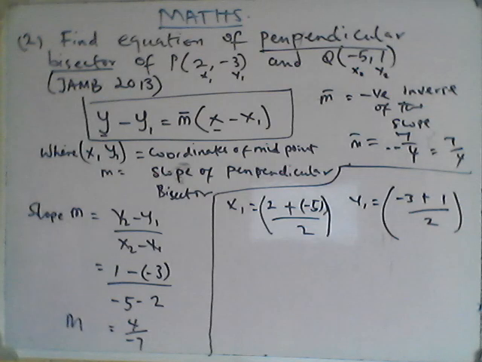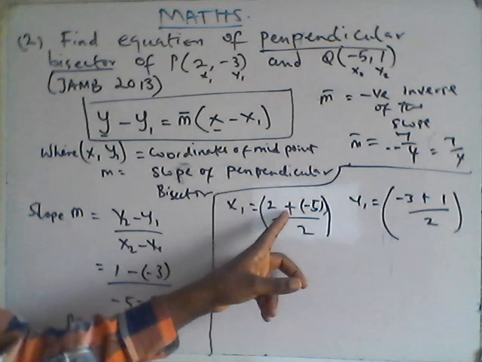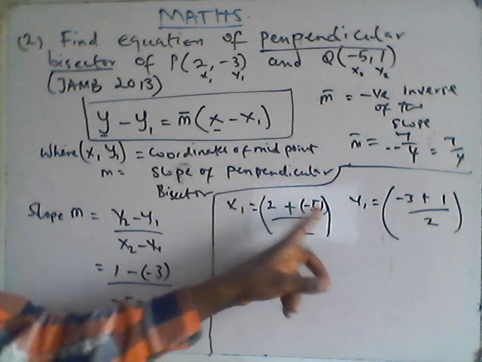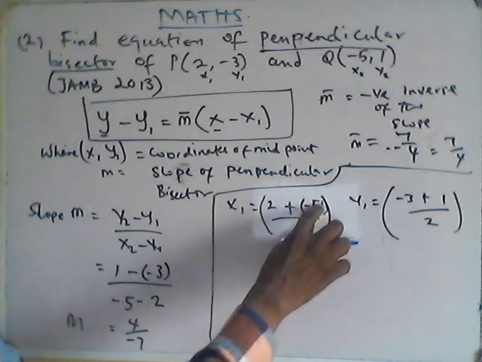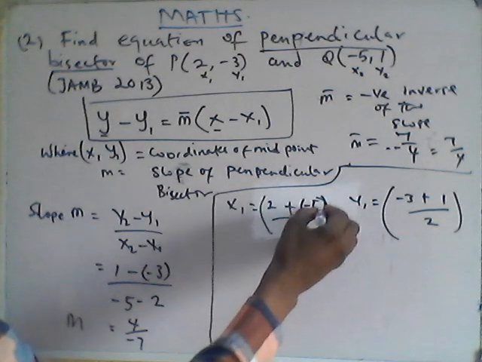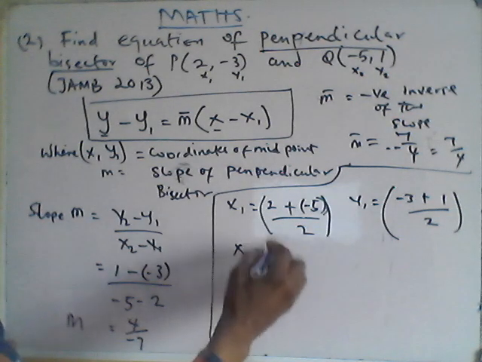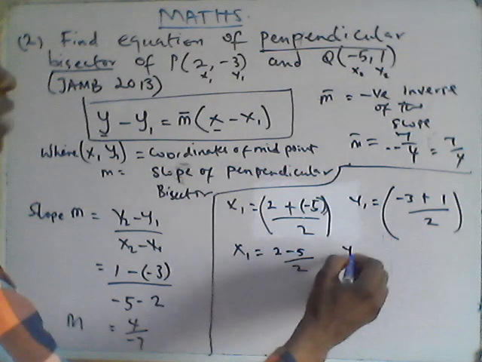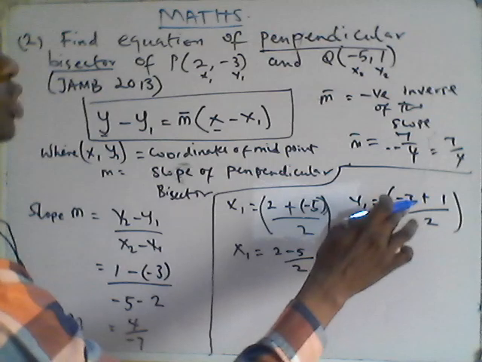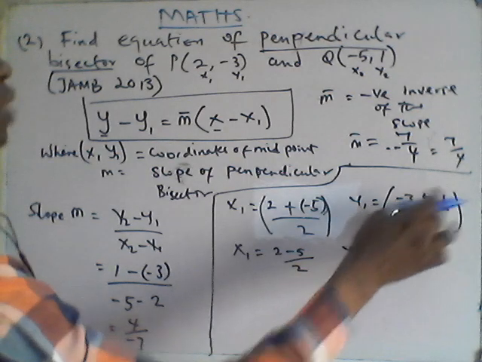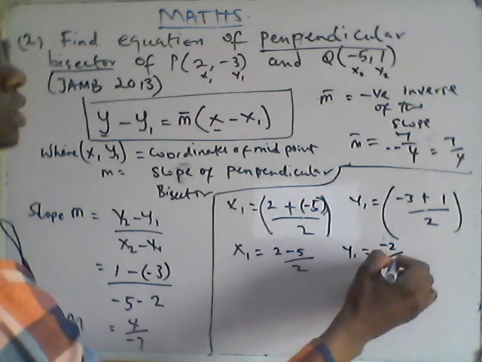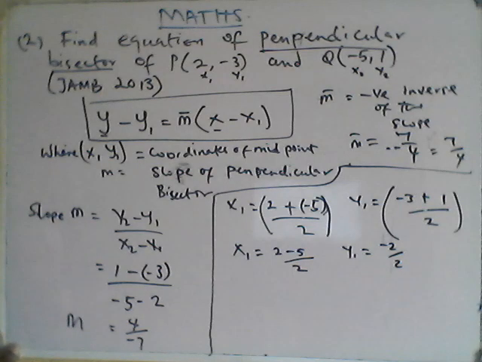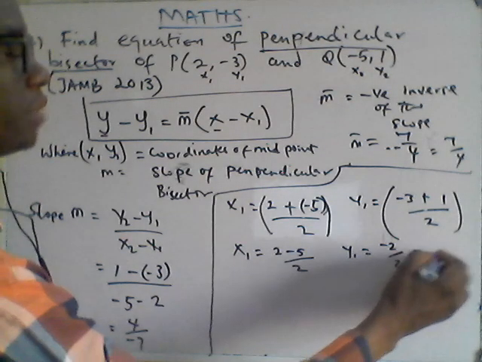It's the midpoint now I'm trying to get. If I get the coordinate of the midpoint, my problem is solved. So 2 plus minus 5 will give me 2 minus 5, and y1 is minus 3 plus 1, which is minus 2 over 2. So this one already will give me minus 1.